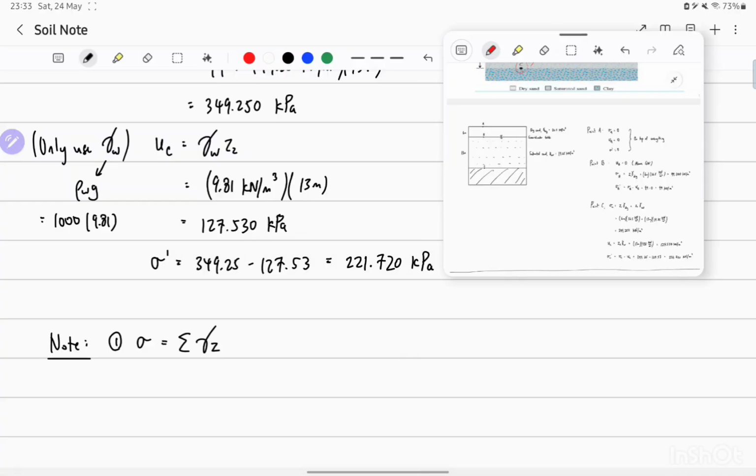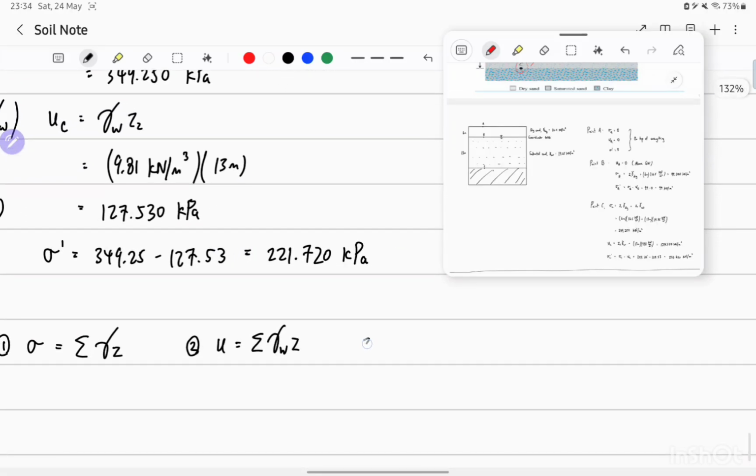Secondly, the pore pressure will be the sum of the unit weight of water times the height. Then third will be the effective stress, which is total stress minus U.